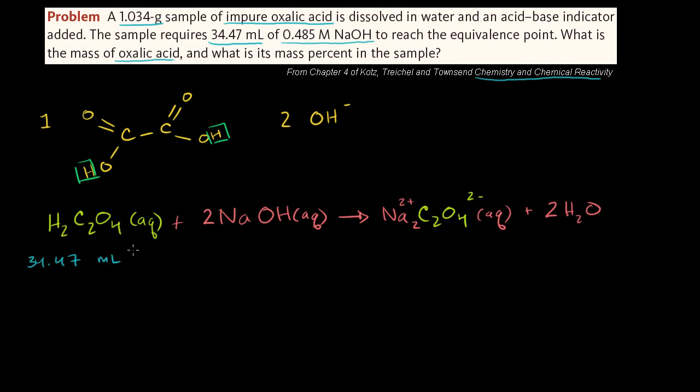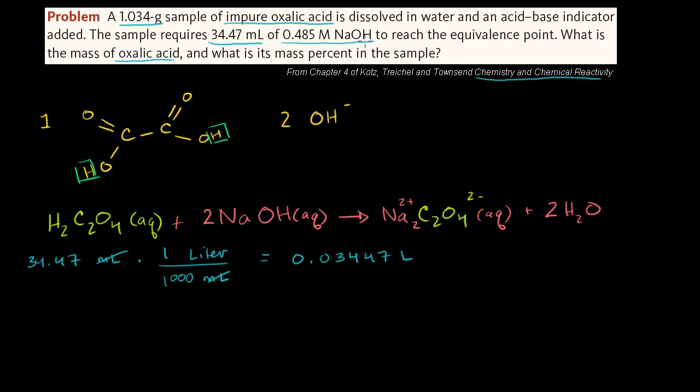Let's multiply by 1 liter for every 1,000 milliliters. The milliliters cancel out. 34.47 divided by 1,000 is 0.03447 liters of this 0.485 molar sodium hydroxide solution.